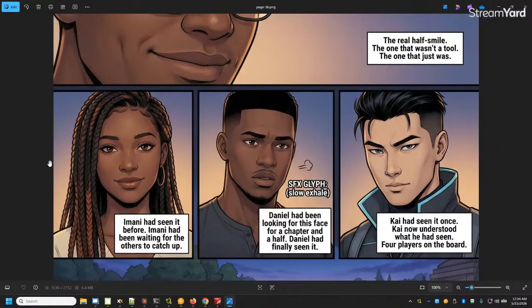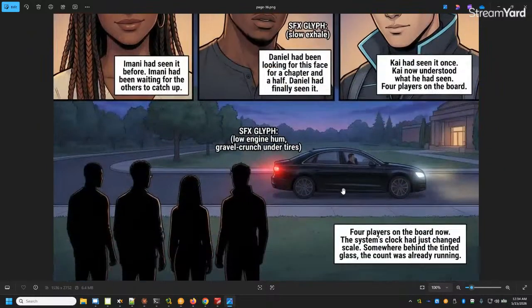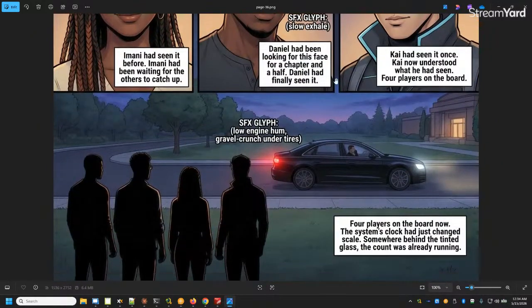So I'm guessing that she knows exactly who he is in terms of his power scaling. She hasn't needled him about it, not one time. Daniel had been looking for this face for a chapter and a half. Daniel had finally seen it, and Kai had seen it once. Kai now understood what he had seen. Four players on the board. All right, and that is the end of chapter 5.